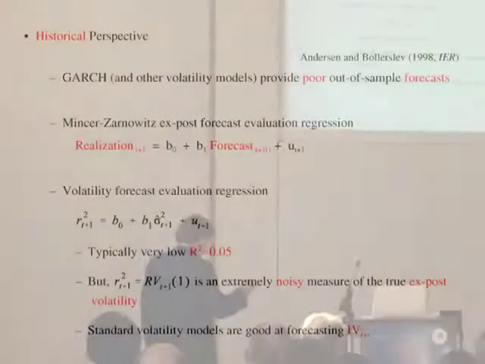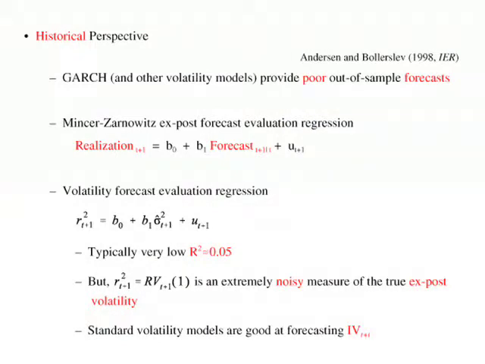Before I move on and talk about uses of these realized volatility measures and some of the current themes of research in that area, I want to put it into a little bit of historical perspective, because I kind of like doing that, and I think it's important to understand where this comes from.